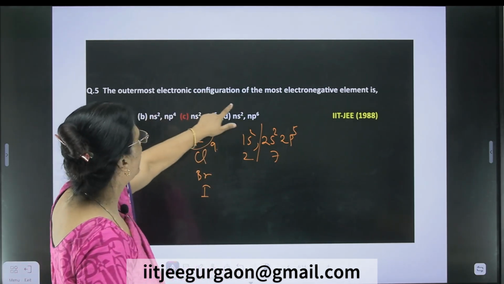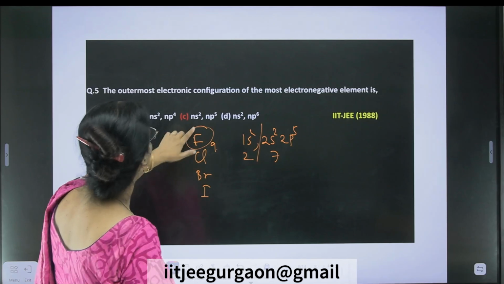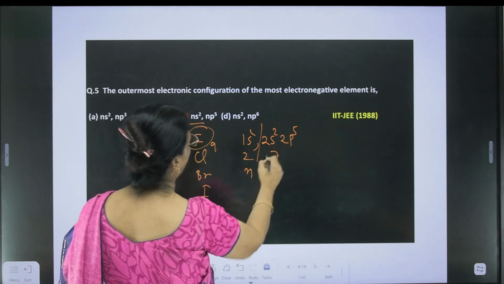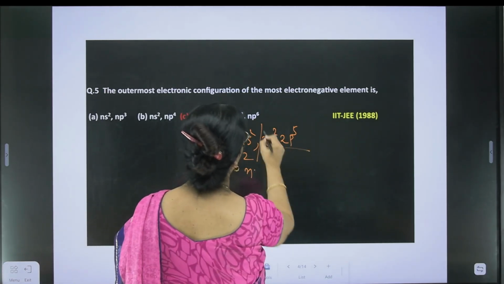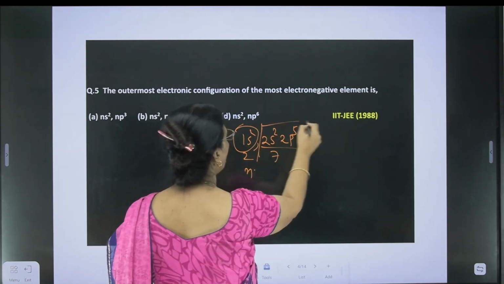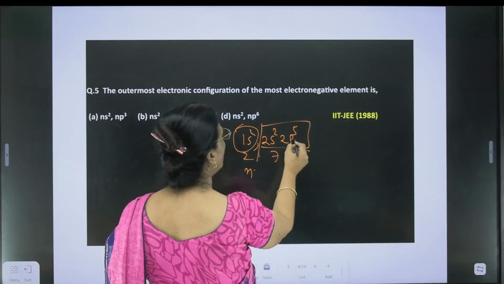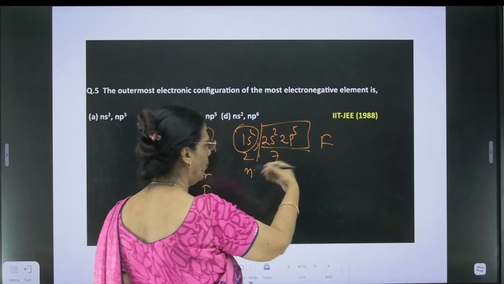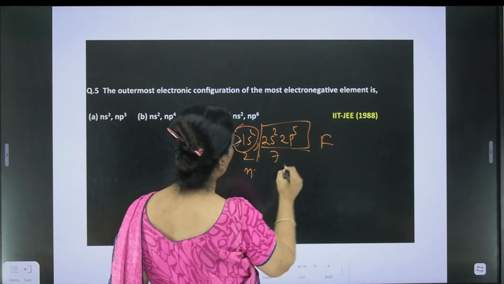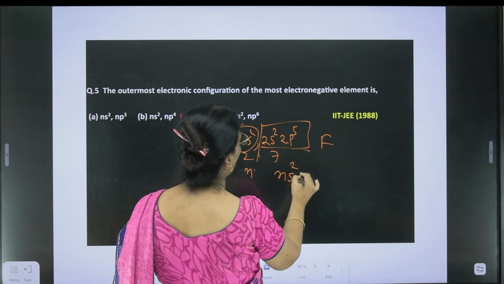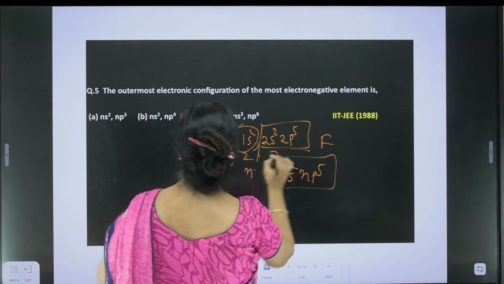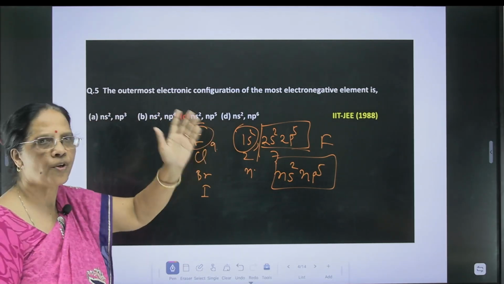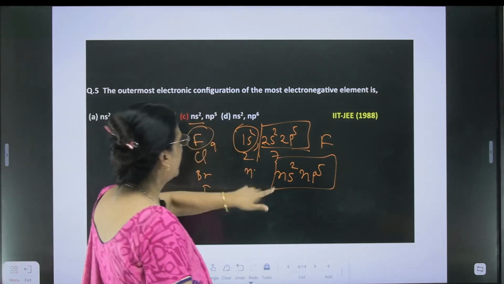So the outermost electronic configuration, if it is n, is ns2 np5. We need not consider 1s2; the outermost for fluorine is 2s2 2p5. For chlorine it will be 3s2 3p5, for bromine 4s2 4p5 and so on. So in general it will be ns2 np5. This is your correct answer, a 7 electron system, just before the inert gas element.